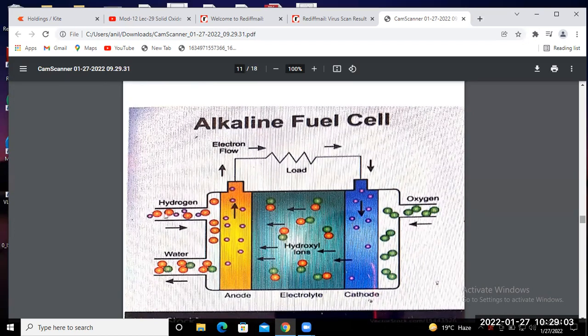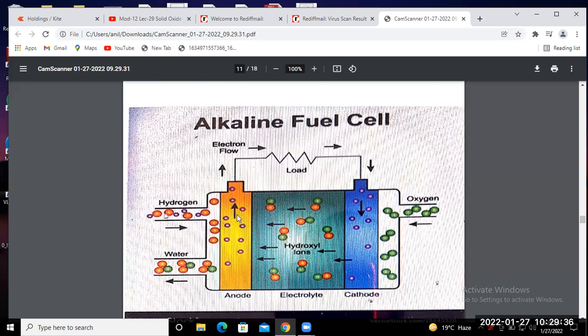We have already seen in the previous diagram that from here we supply the oxygen, and from this path we supply the hydrogen. At the cathode terminal it makes the reaction, and the electrolyte is nothing but the hydroxyl ion, that means OH minus ion. After the reaction here we get the oxygen, H2O and electrons.